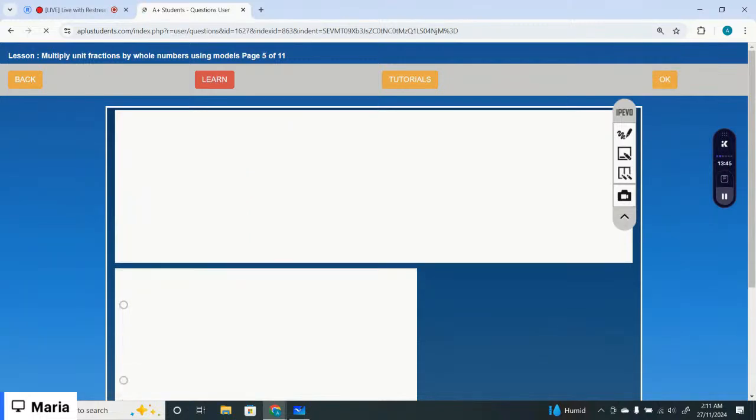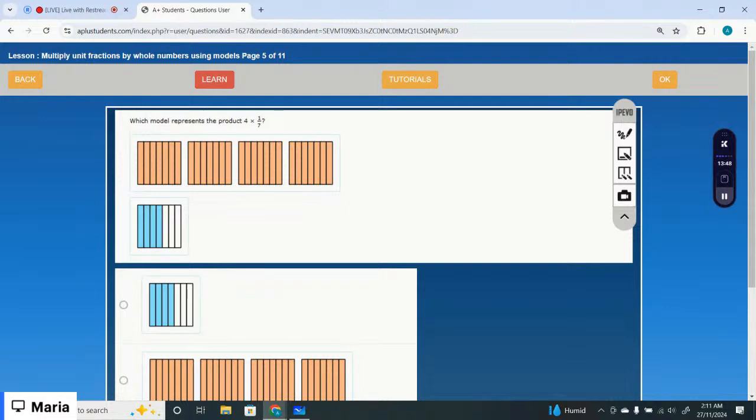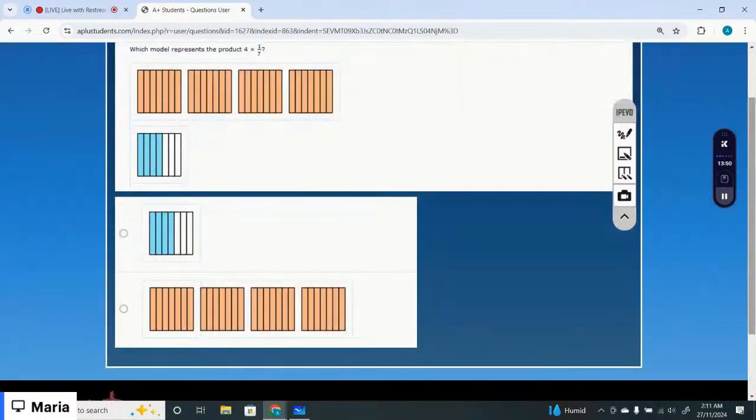Okay, which model represents 4 times 1 over 7? Which is the correct option? 1 or 2?